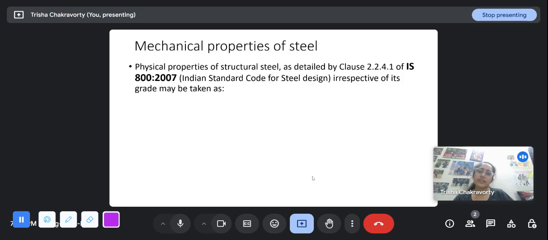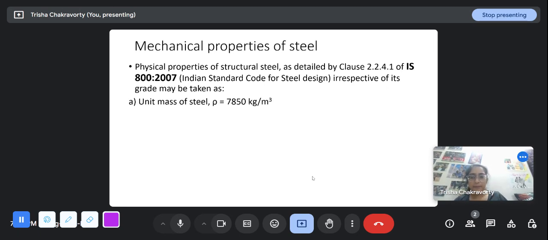The mechanical properties of steel. There are a lot of mechanical properties of a material, but there are five of them that the Indian Standard Code for Steel Design, IS 800 2007, says we can take at certain fixed values irrespective of the grade of the steel. The unit mass of steel or the density is 7850 kg per meter cube.